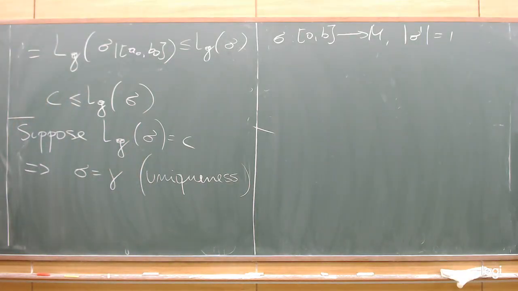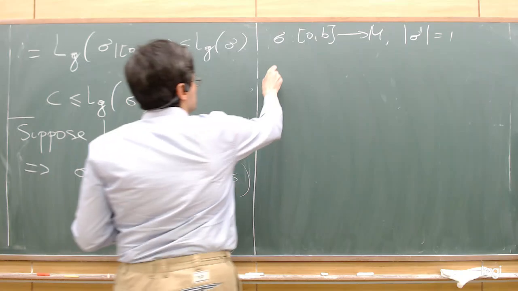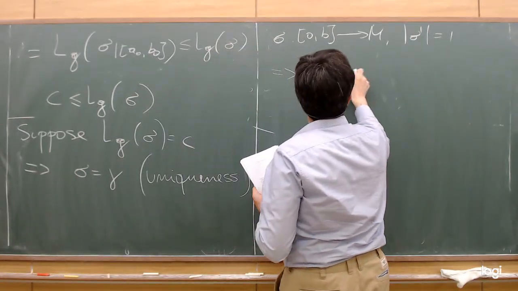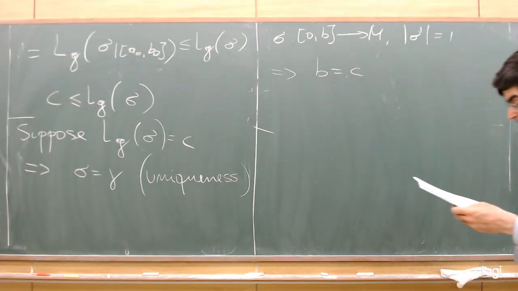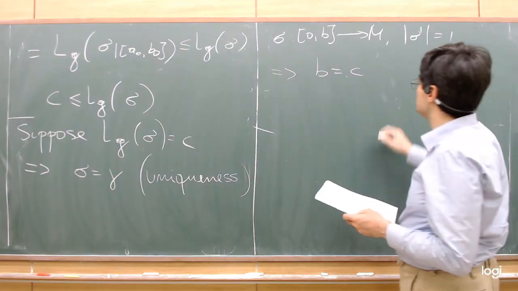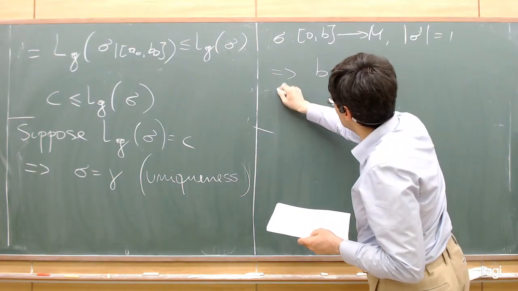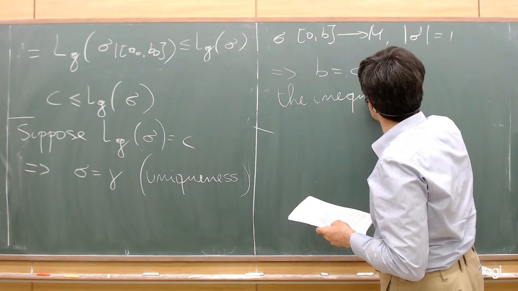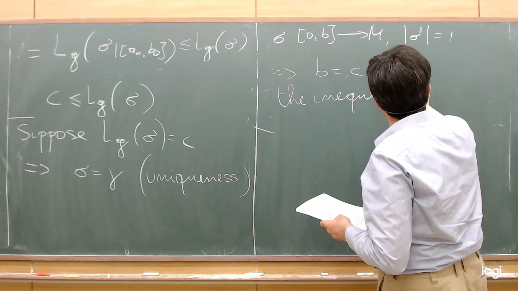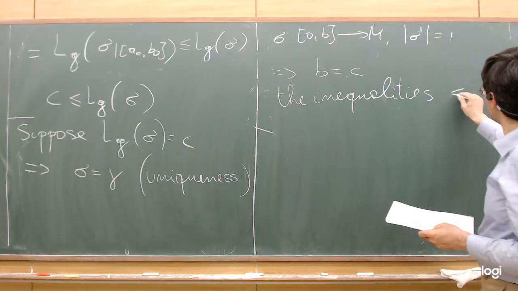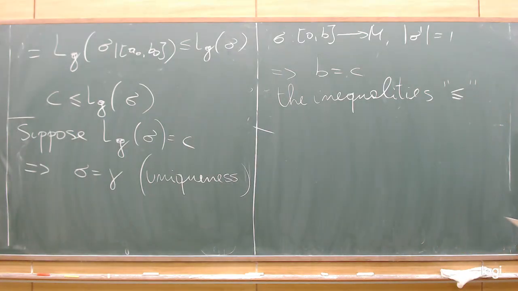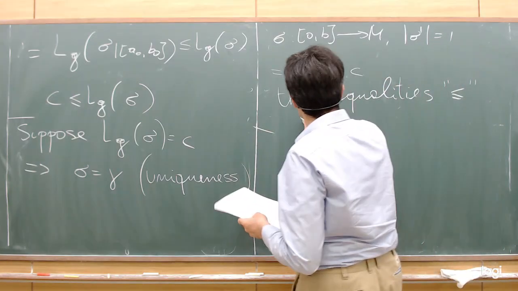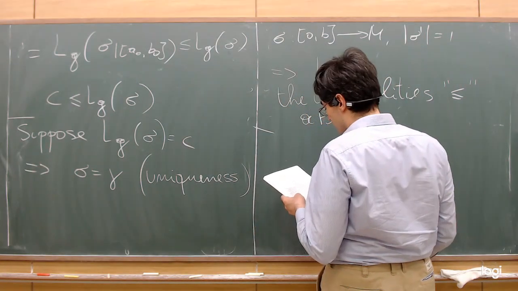So this identity says that B is equal to C, and the inequalities in my previous chain of inequalities are actually identities.